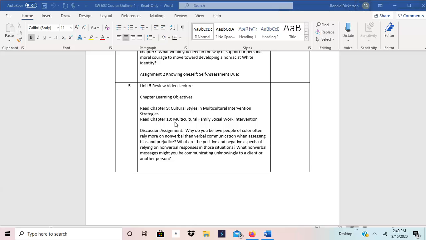So when you get in the field, because one of the questions, if they were to evaluate the program for accreditation, one of the questions they may ask you is, okay, what assignments did you do in diversity? And you may say, I did an assessment of oneself, which is you.